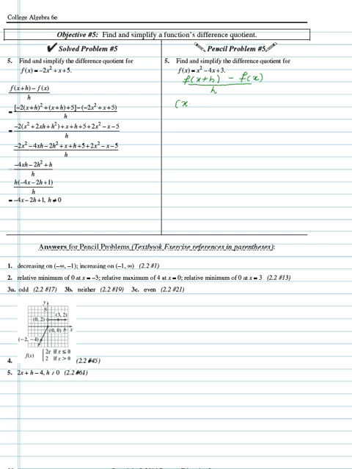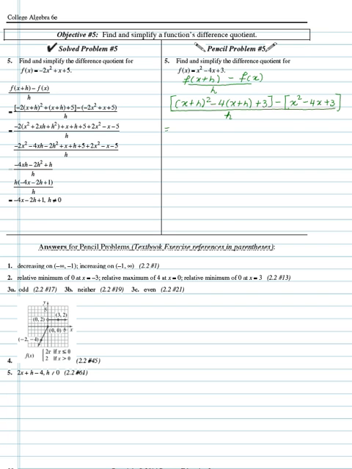So instead of x squared, I have x plus h squared. Instead of 4 times x, I have 4 times x plus h, plus 3. Minus f of x. What is f of x? x squared minus 4x plus 3. Remember, you should always have your parentheses so you don't mess up your signs, over h.